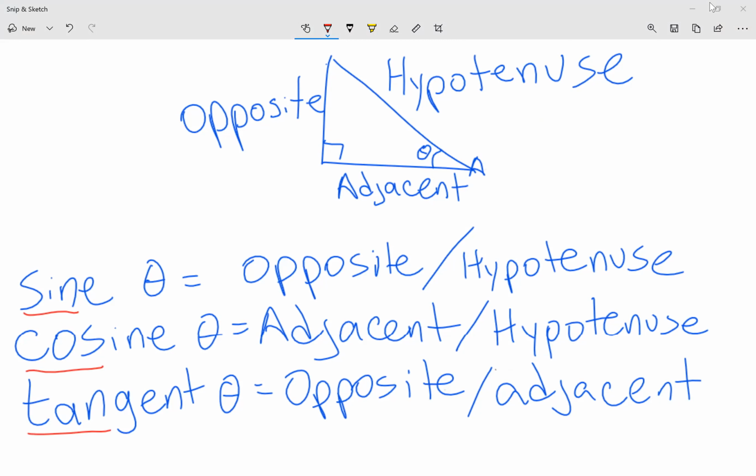As a joke, I always tell people it is a sin to call it sin. It is sine, still pronounced sine. We're just going to abbreviate it using the first three letters. The second one is still going to be pronounced cosine, but we're going to abbreviate it using only the first three letters. And obviously tangent, only the first three letters. Okay, so make sure you guys know how to do this.